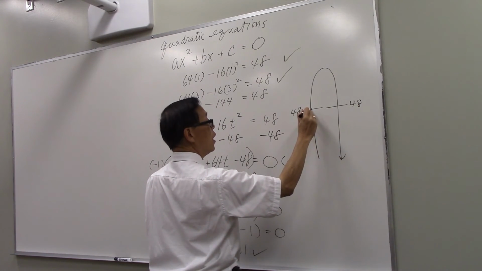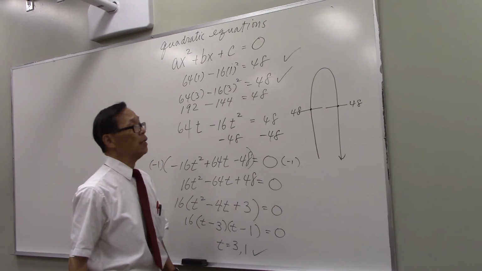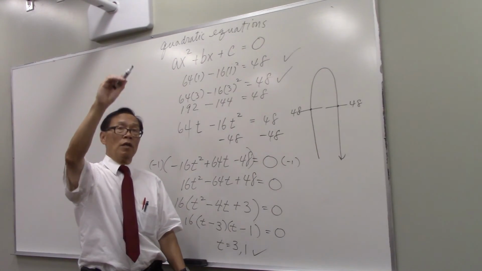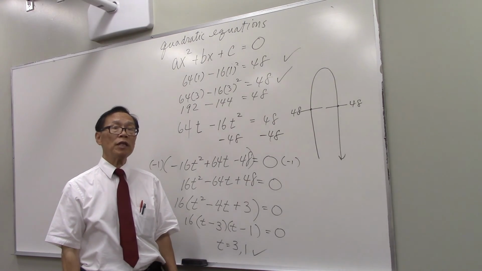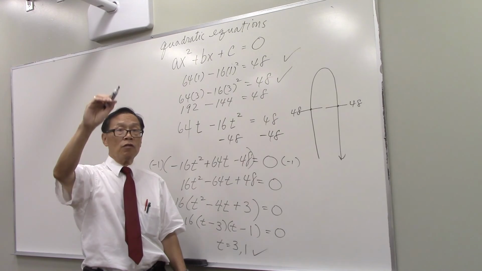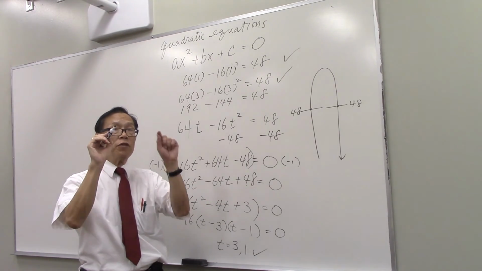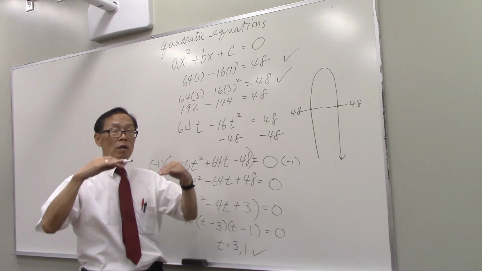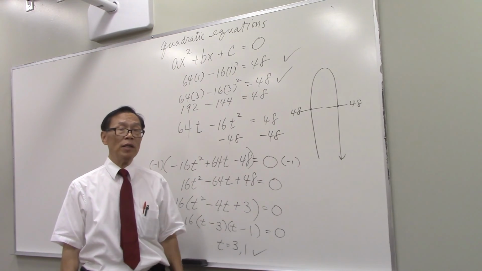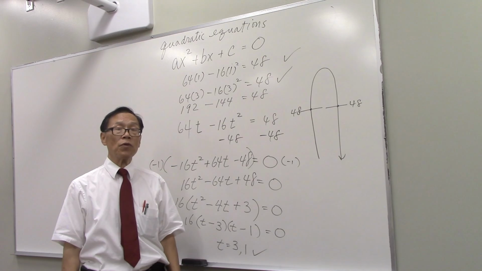That's why you have two answers, 1 second and 3 seconds. Because an object that's thrown into the air usually follows a parabolic trajectory, you're going to have two of the same y values, in this case, the height the object is going to go through.